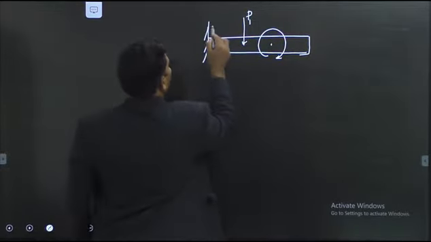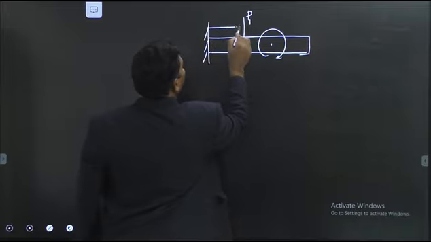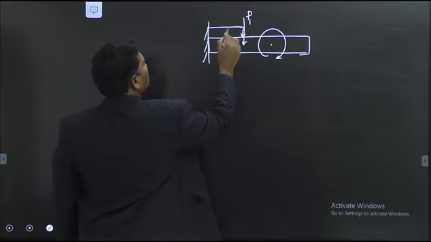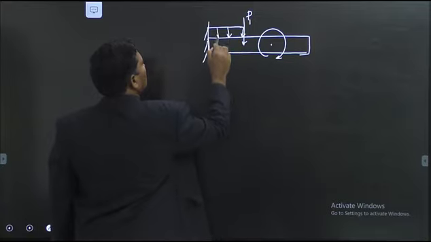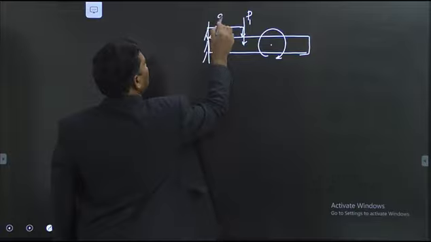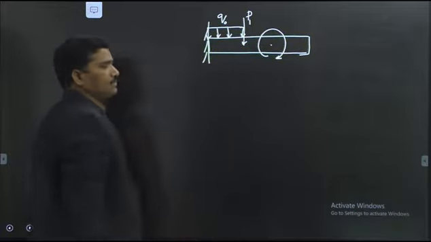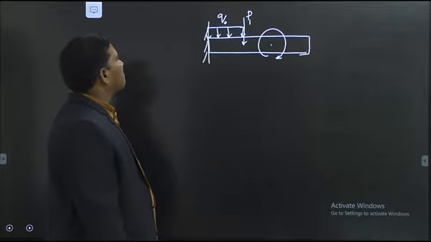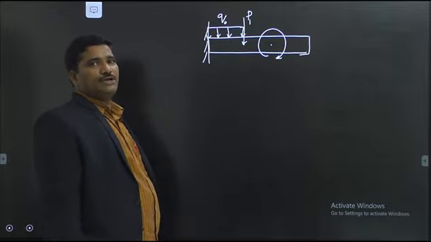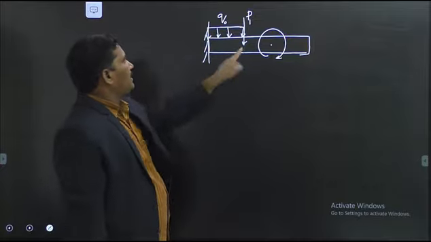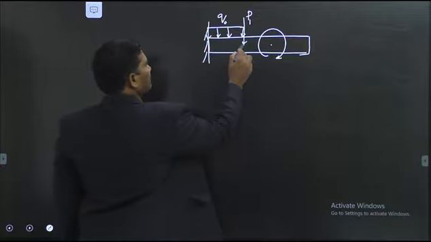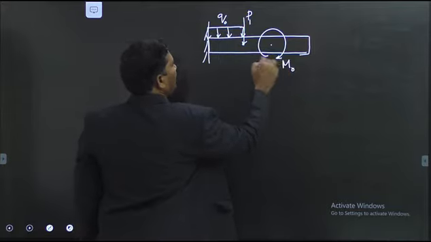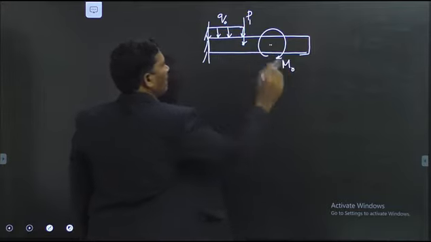And a distributed load is acting from this section to this section with the same intensity, say Q0. We have three types of loads. What are they? Uniformly distributed load, concentrated load P1 acting at this point, and a couple, say M0, acting clockwise about this point.